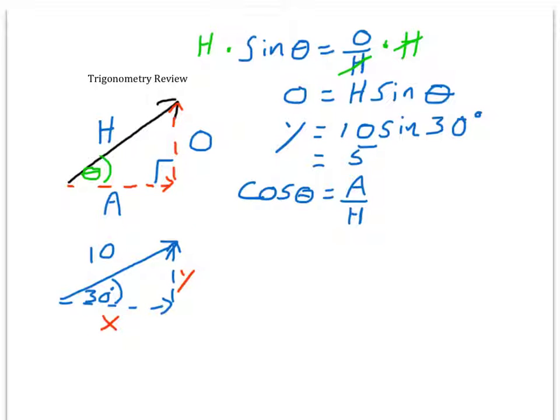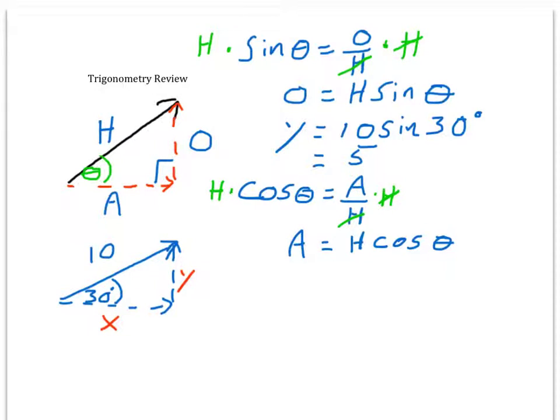So when you solve for the adjacent side, doing the same thing we did last time, I need to multiply both sides by the hypotenuse in order to solve for the adjacent side. So we have h in the denominator and h in the numerator. That cancels. And so the adjacent would come out to be the hypotenuse times the cosine of the angle.